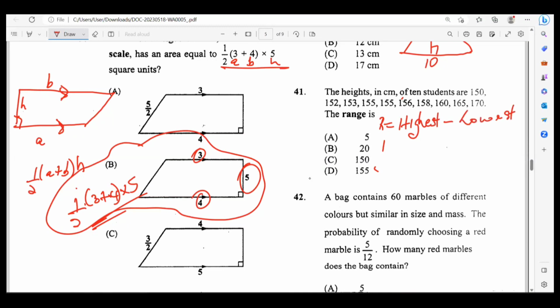So you're looking for values. Take some time, make sure that you have the highest and the lowest. The highest number I'm seeing, it is in order, so it is 170 minus the lowest, which is 150. So my range is 20. So you pick this. So the range right there is 20.